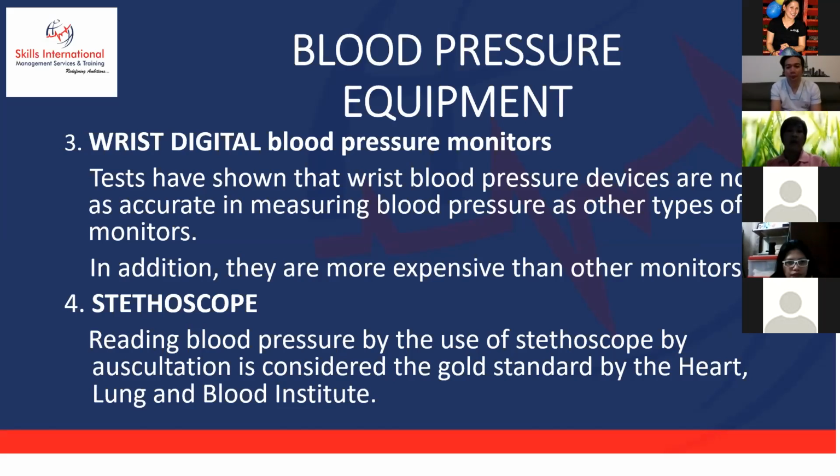Stethoscope. Reading blood pressure by the use of a stethoscope, by auscultation, is considered the gold standard by the Heart, Lung, and Blood Institute. Why? Because listening with the stethoscope when auscultating the heartbeat is, according to the institute, the gold standard.